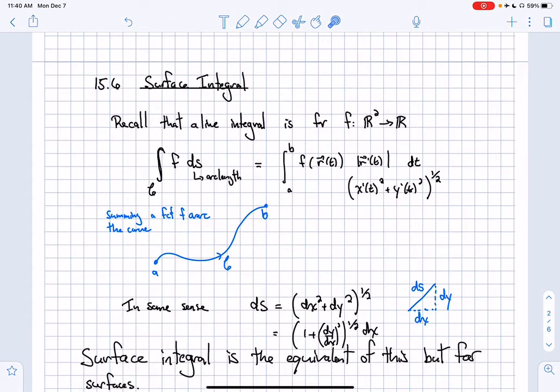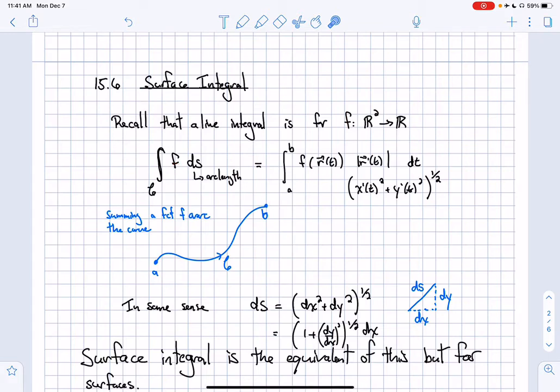So it's good to go back to line integrals, okay? So what is a line integral? What we wanted to do in a line integral is you have a curve, in space or in the plane, and I want to sum a function along that curve, the value of a function along that curve.